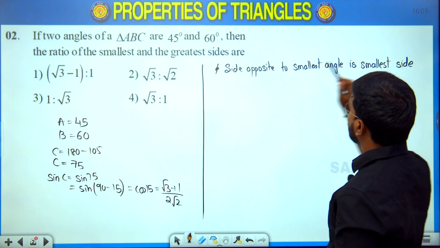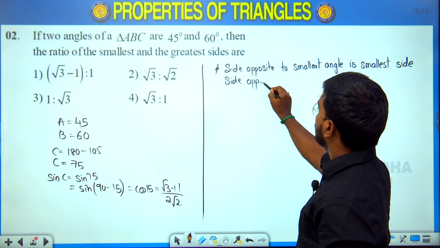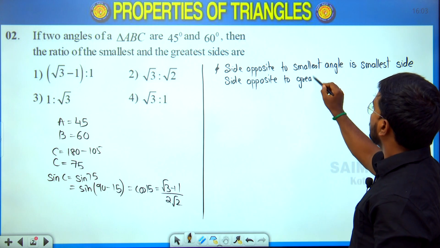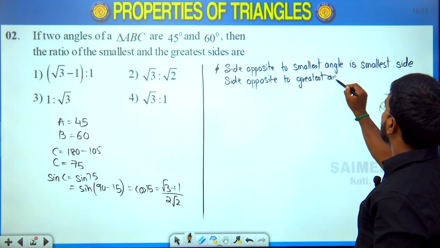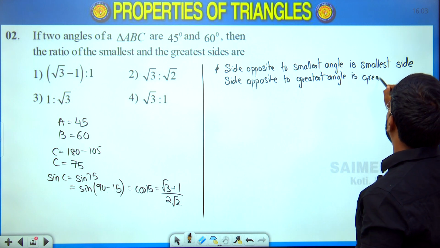Similarly, side opposite to the greatest angle is the greatest side.